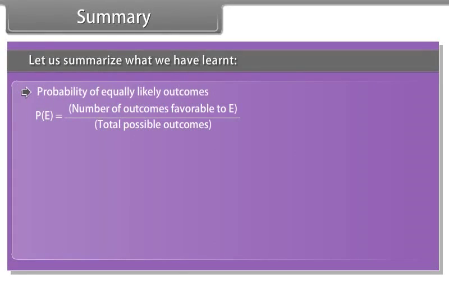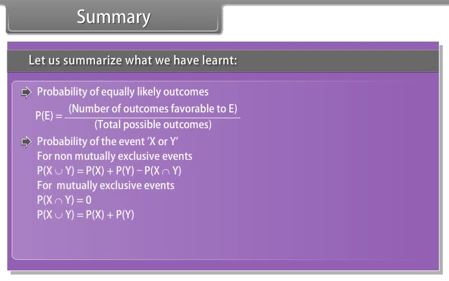Probability of equally likely outcomes. PE is equal to number of outcomes favorable to E by total possible outcomes. Probability of the event X or Y. For non-mutually exclusive events, P(X union Y) is equal to PX plus PY minus P(X intersection Y).